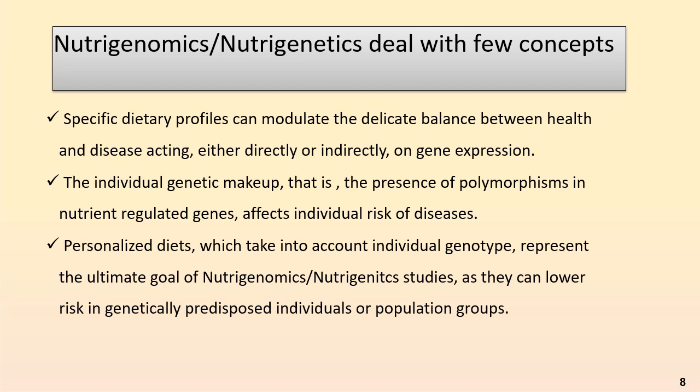So basically the meaning of this concept is that a particular gene is responsible for the disease, and how a particular makeup of the genome is responsible to cure and to fight a disease. So this is the basic science of nutrigenomics.